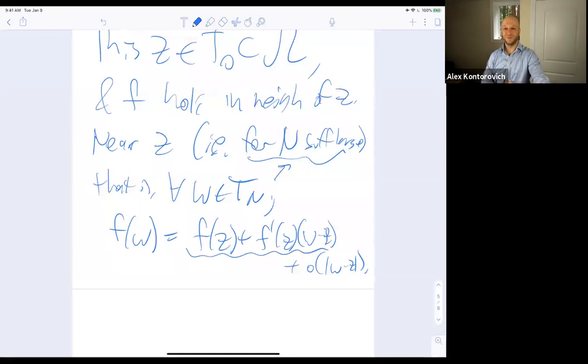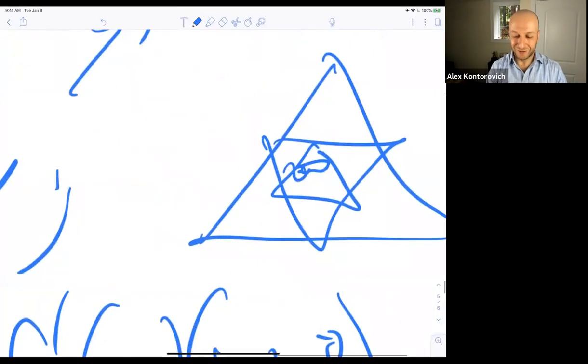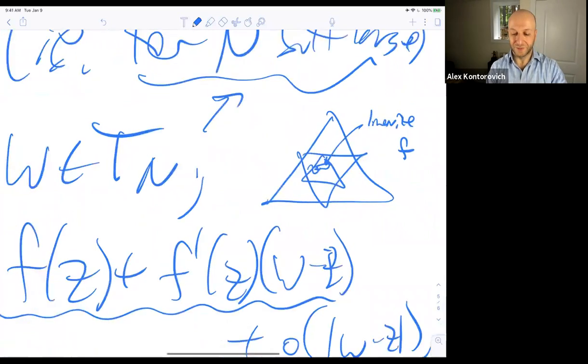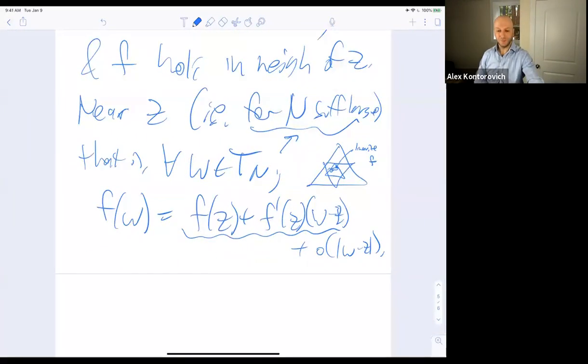So far, so good? Does that make sense? We started with this initial triangle. We did all this stuff to zoom into some other little triangle over here. In this neighborhood, linearize f. That's all we've done so far.